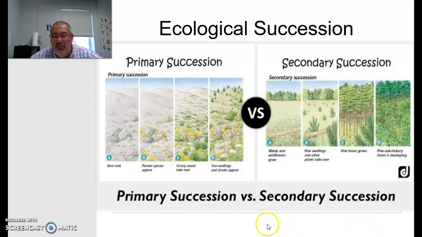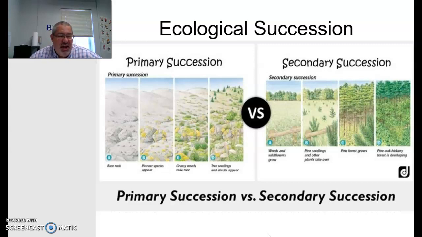Some people call it old field succession, where you start out with a piece of agricultural land that is no longer farmed and it grows up in weeds, annual plants, maybe starts to develop some shrubs, and eventually some pine trees come into the area. And you have a pine forest for a number of years that eventually is succeeded by broadleaf competitive plants like oaks and hickories and maple and beech.